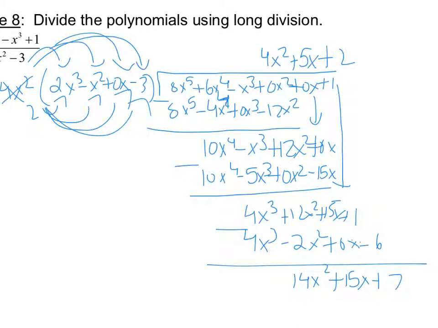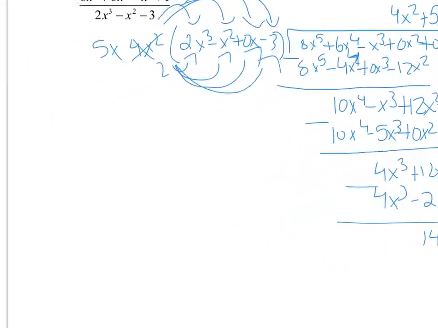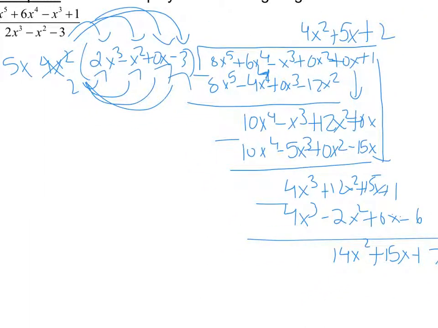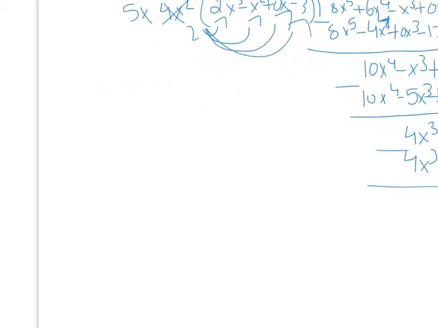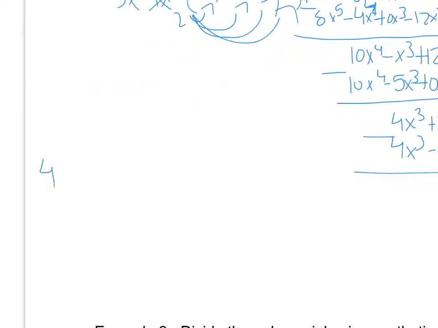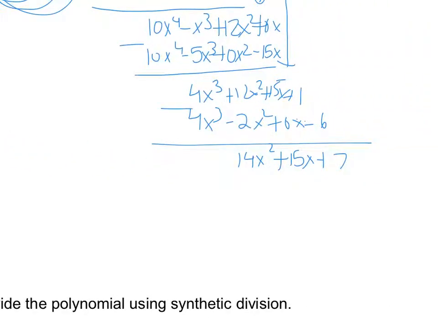Okay, so final answer. See how we have the 4x squared plus 5x plus 2? Bring that down over here. 4x squared plus 5x plus 2 plus. Now we got to look over here. Bring all this over. So it's 14x squared plus 15x plus 7.